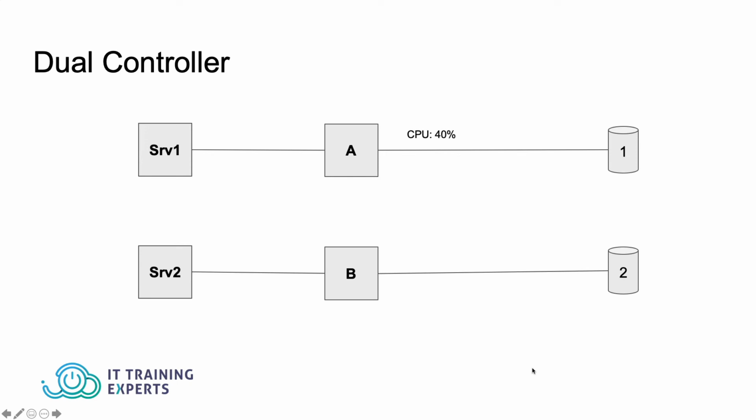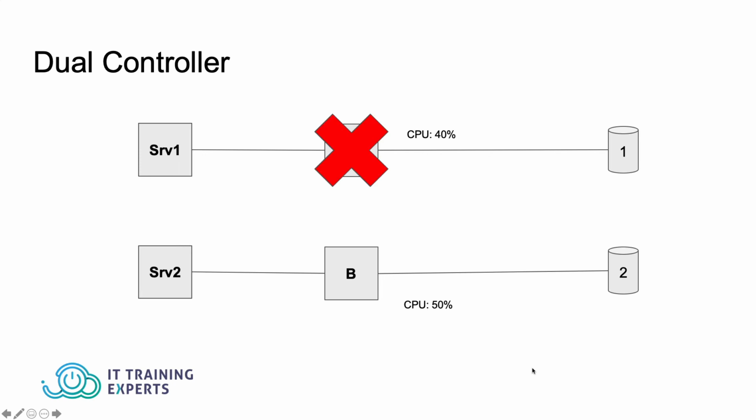So in this situation, let's say the CPU on controller A is operating at about 40%, and on controller B at 50%. So we have a pretty busy storage array. What happens if controller A fails?